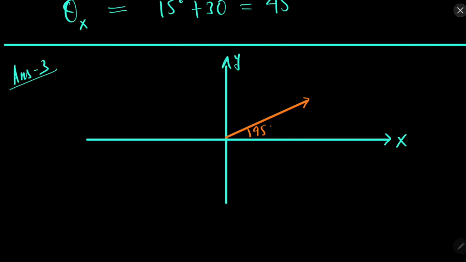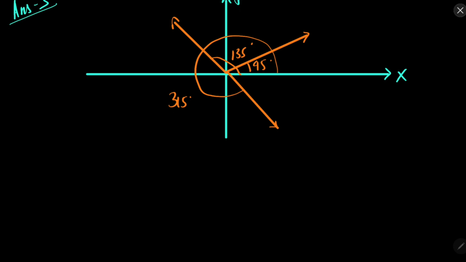One of the vectors is like this, having an angle of 135 degrees, and one of the vectors is approximately like this. So this whole angle is 315 degrees. This is the diagram that we will have.